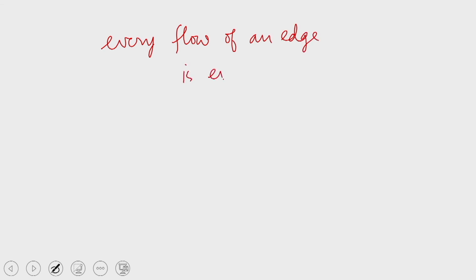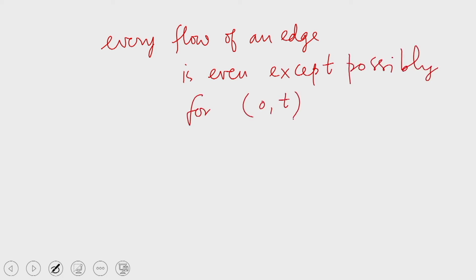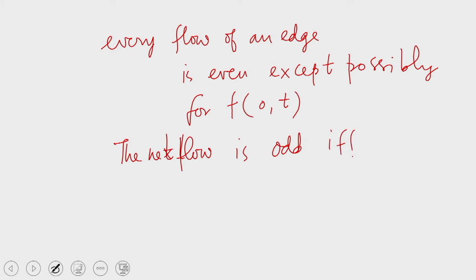Now, if you look at f, you find that the f value for every single edge is even except possibly for the edge 0t. f of 0t could be 1 or 0; every other flow is a power of 2 or 0. Therefore, the value of the flow is odd if and only if f of 0t is 1.